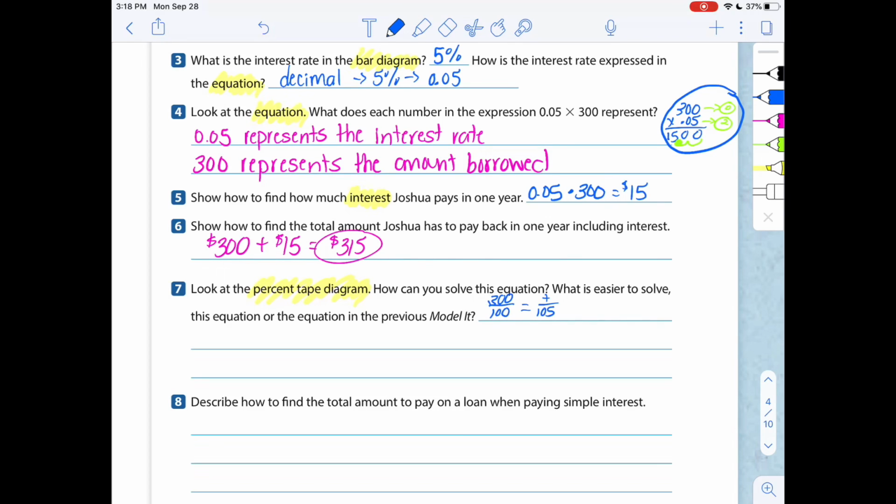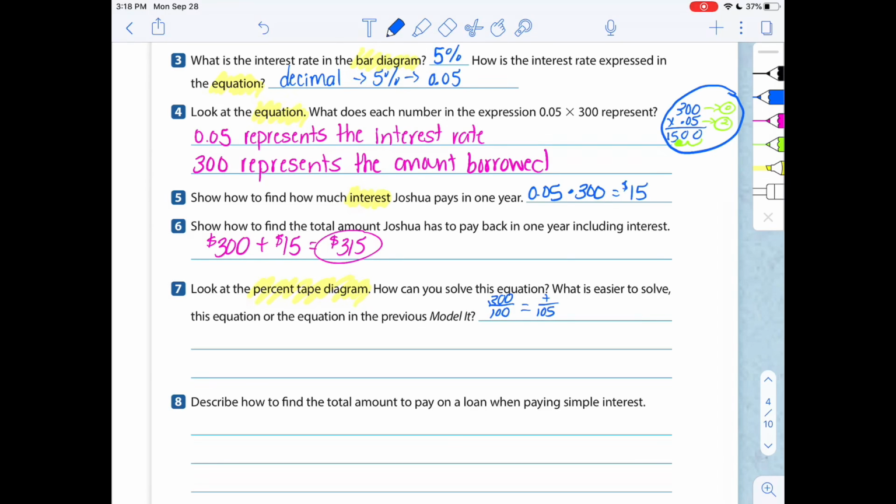Because we don't know the total he's going to pay back, but we do know it's 105% because he's paying back 100% plus 5%. So you might ask, how would I solve this type of equation? Because this equation looks very different than equations that we have seen before.